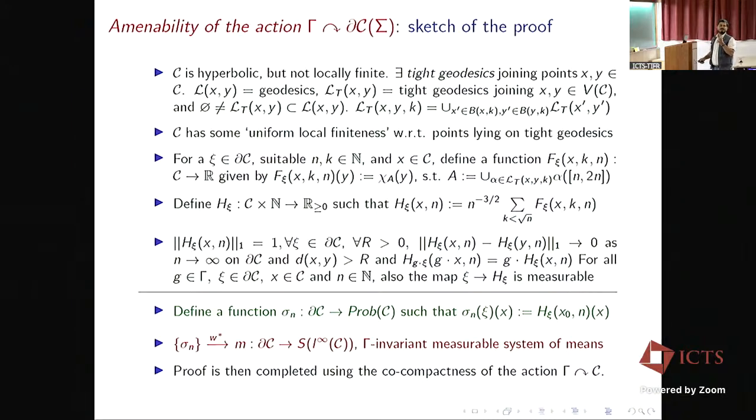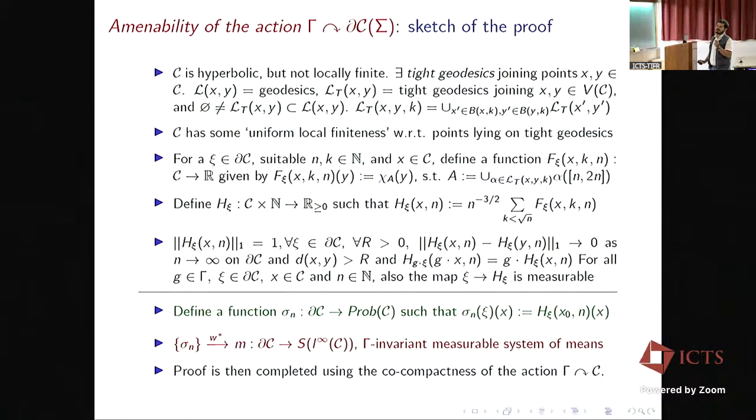Like earlier, we were looking at some cross section of cylinders in the hyperbolic metric space when we were proving the topological amenability for the hyperbolic groups. Here too, Kida looked at a portion of a cylinder, and that cylinder is given by the tight geodesics.